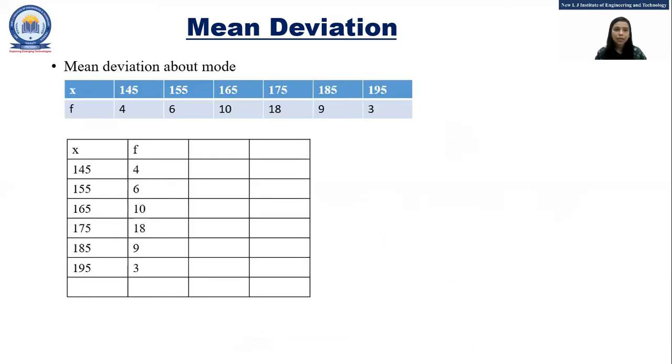Now let's find the mean deviation about mode. Here I have taken an example of a simple frequency distribution. First we have to find the mode, because the formula for the mean deviation about the mode is sigma f mod x minus a upon capital N, that is sigma f, which is equal to 50. In order to find the mean deviation about mode, first we have to find the value of mode.